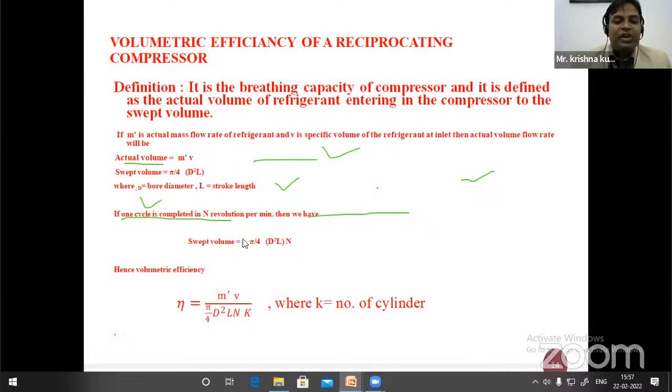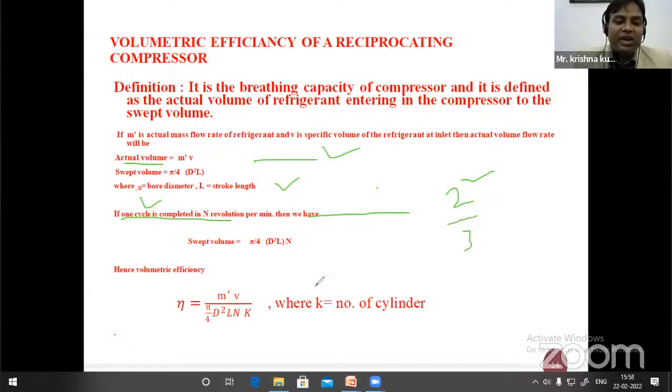If you compare volumetric efficiency with our heart system, say our heart has a capacity of 3 liters of inhaling oxygen, but it is inhaling around 2 liters. So 2 divided by 3 defines the volumetric efficiency of our heart.